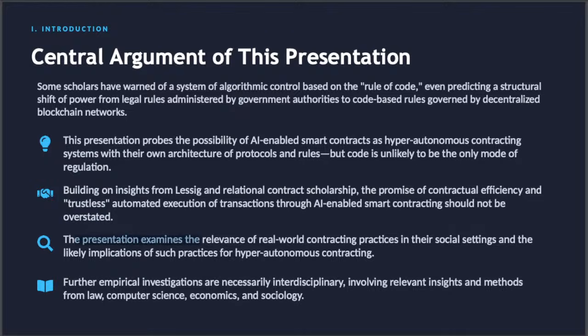The presentation examines the relevance of real-world contracting practices in their social settings and the likely implications of such practices for hyper-autonomous contracting with a high degree of autonomy. Further empirical investigations are necessary, interdisciplinary, involving relevant insights and methods from law, computer science, economics, and sociology.